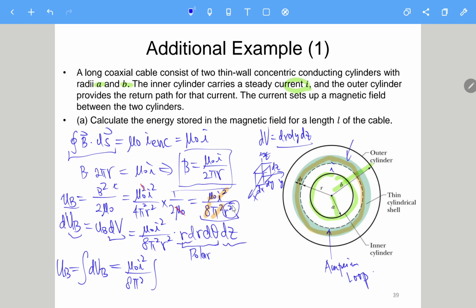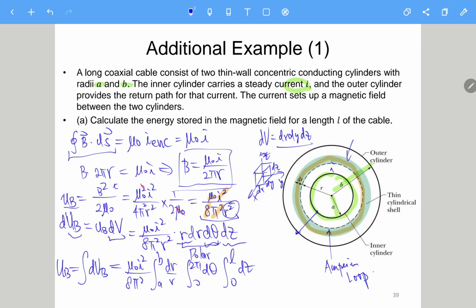This r is in the numerator, this is in the denominator, so when they multiply together, it becomes dr over r. And then we integrate r from a to b, from here up to here. For theta, we integrate from 0 to 2 pi, and for dz it should be 0 to L.